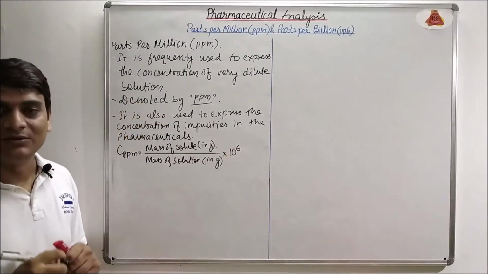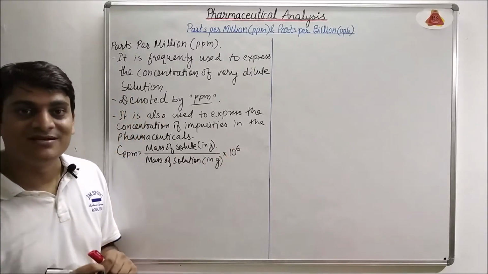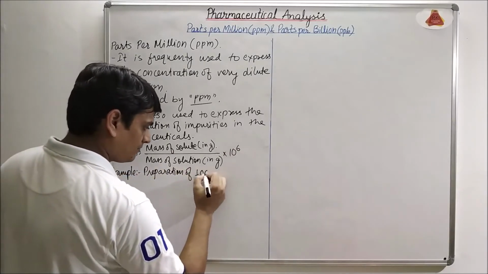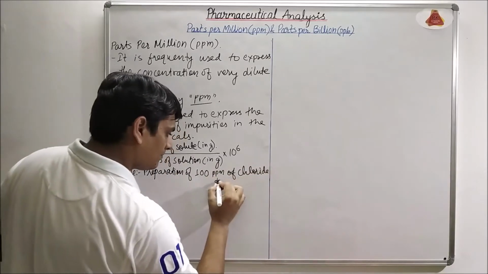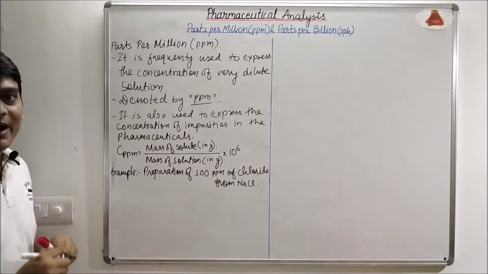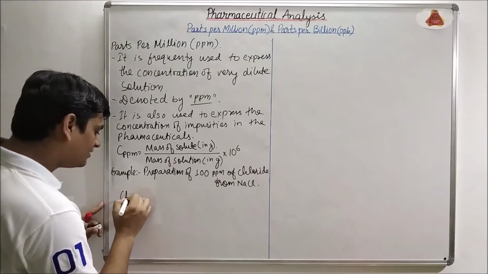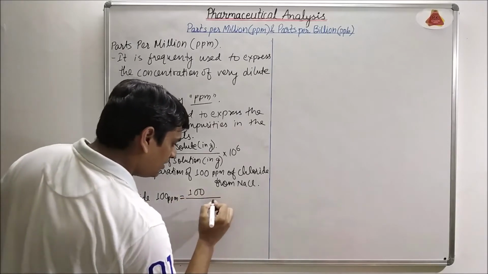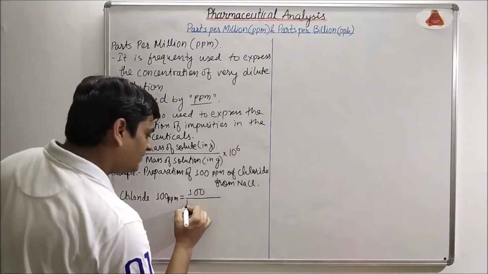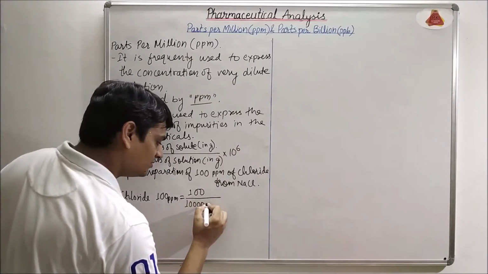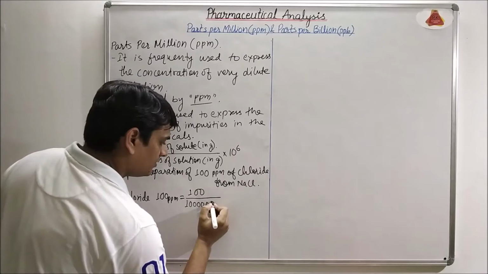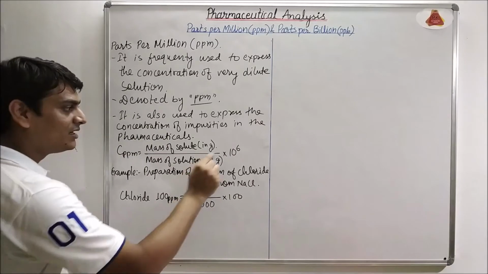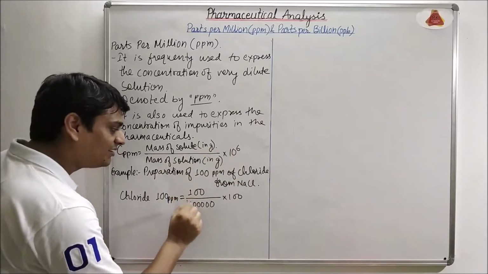Here I am taking one example: how you will prepare 100 parts per million of chloride from NaCl. For preparation of 100 ppm of chloride, we have to take 100 divided by 10 to the power 6, so it will be 1 0 0 0 0 0 0, multiplied by 100, because this will be the 100th part of 10 to the power 6, meaning the 100th part of 1 million.